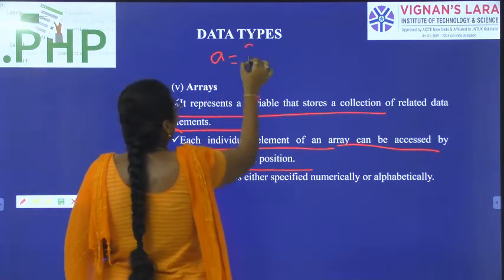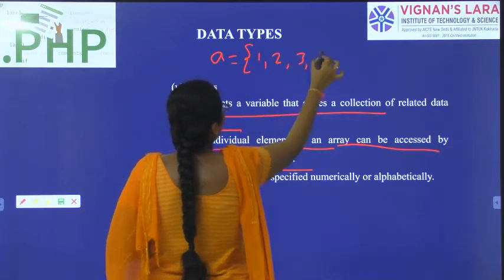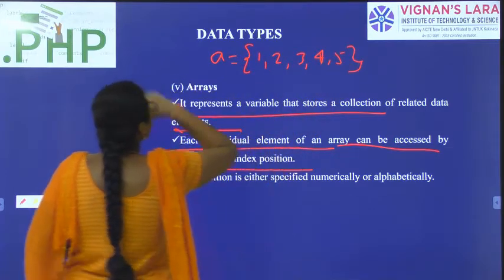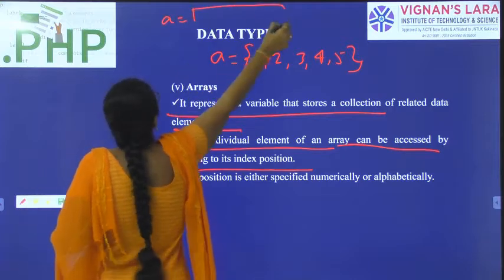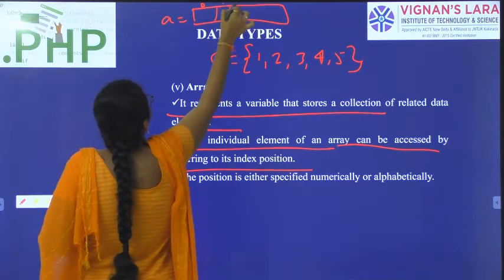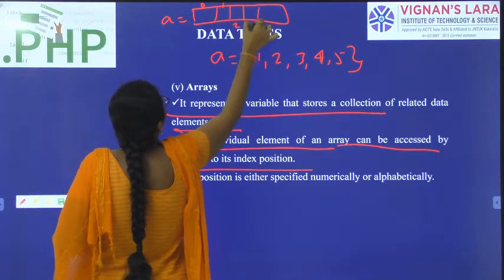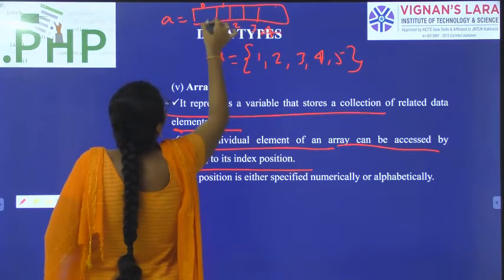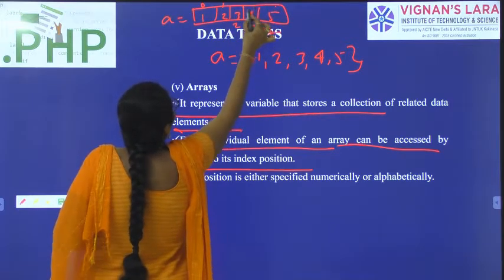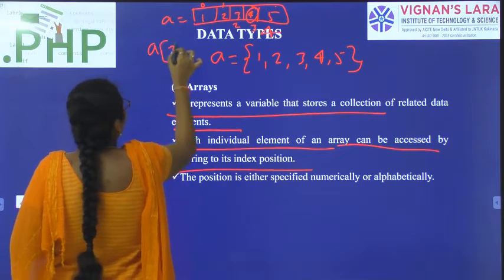If A is the array with the elements 1, 2, 3, 4, 5, how we can represent this? Array A, with index positions 0, 1, 2, 3, 4, holds the elements 1, 2, 3, 4, 5. 4 is at the position of A3.